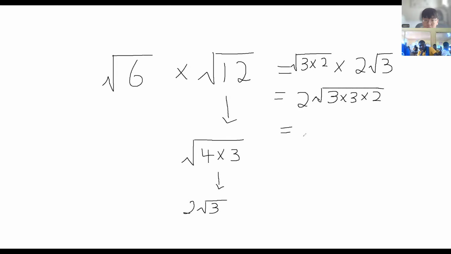This becomes 2 times 3 square root of 2. That is why this is 6 square root of 2. That is our final answer. I hope this makes sense for everyone: multiplying and taking out the square root and adding them together.